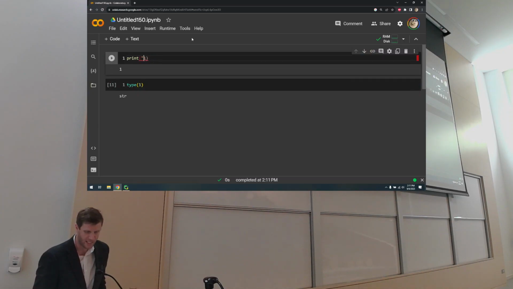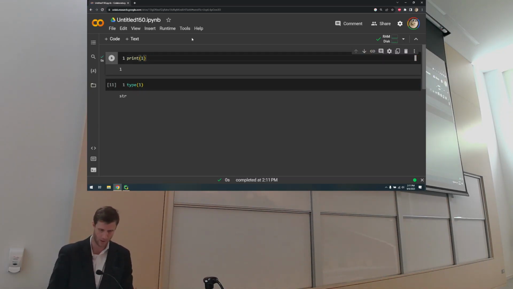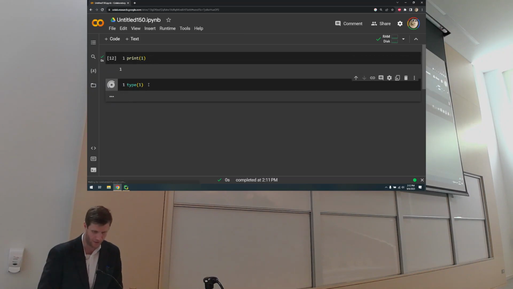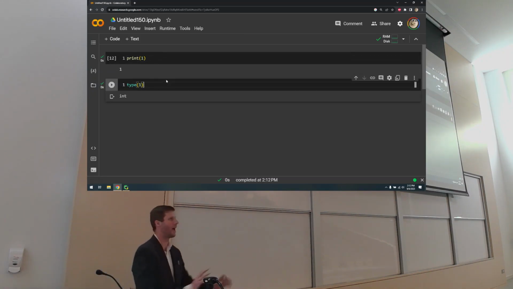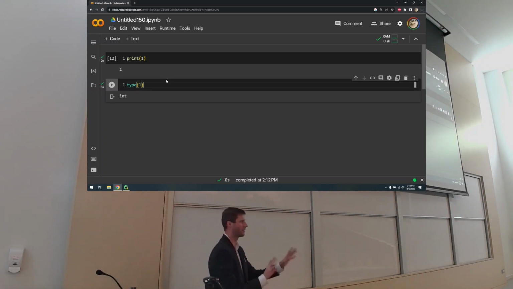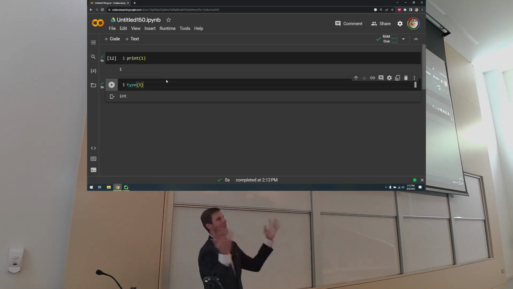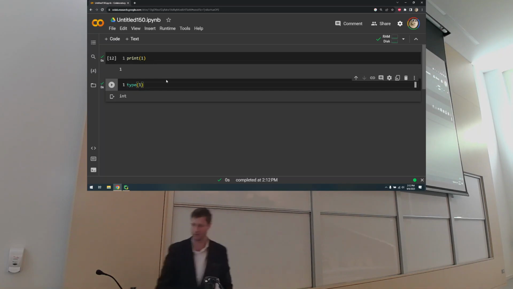We don't need to put the thing we're printing out in quotes unless it's a string. So I printed out 1 without quotes, and it still shows a 1. And now if I hit run on the type where it doesn't have quotes, it says int. So now the world makes sense again. It is, in fact, an integer. It was just because I had it in quotes. So it was a trick question.